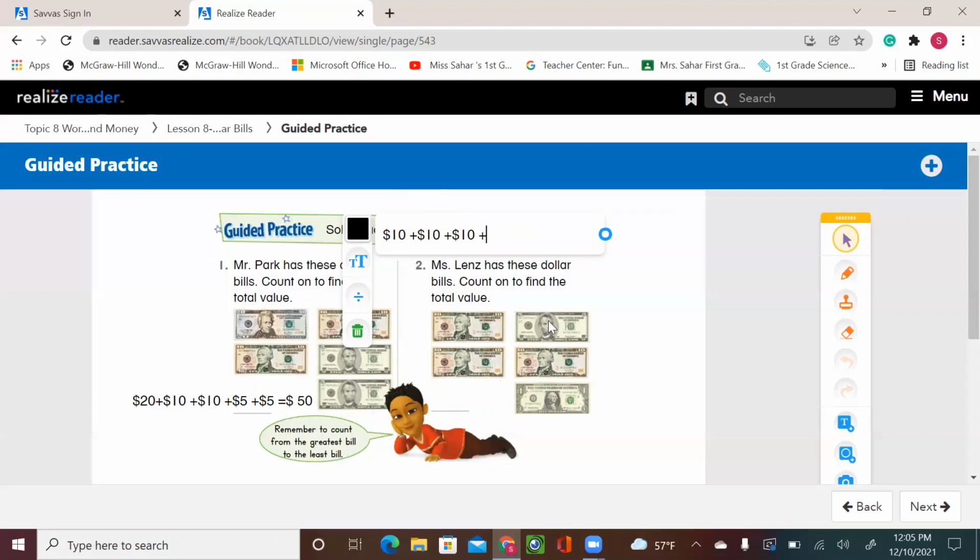Very good. 5, the next dollar bill to use. Plus 5. And then last, I have $1. So I'm going to add the dollar bill that we have. Plus 1.